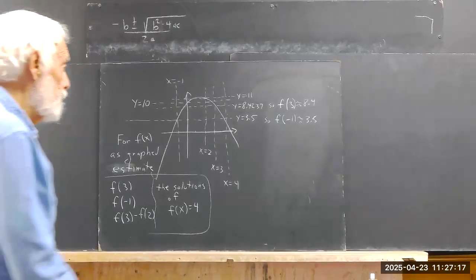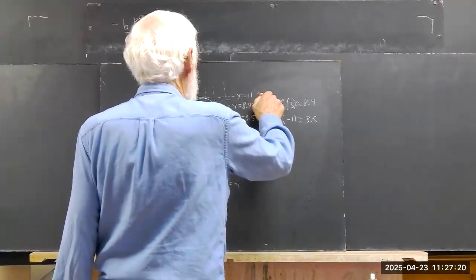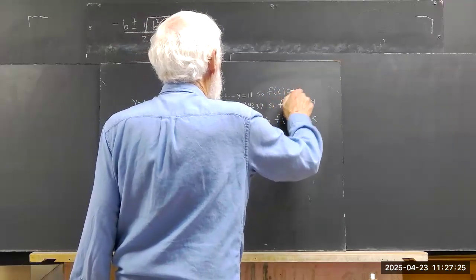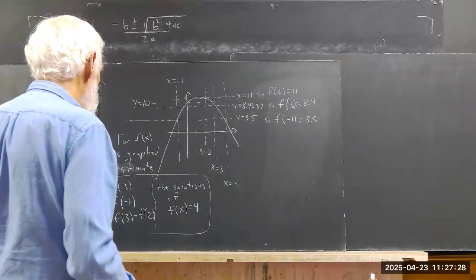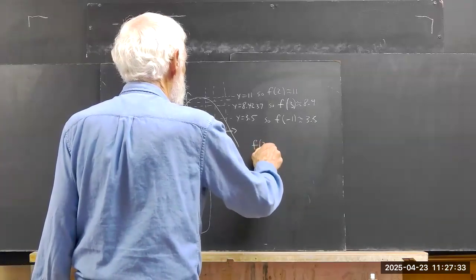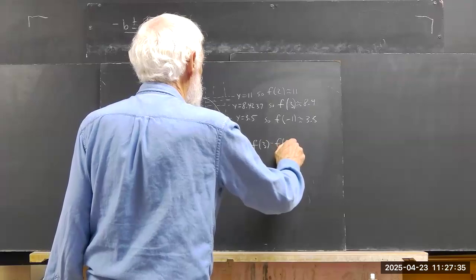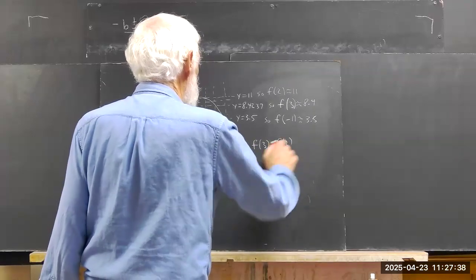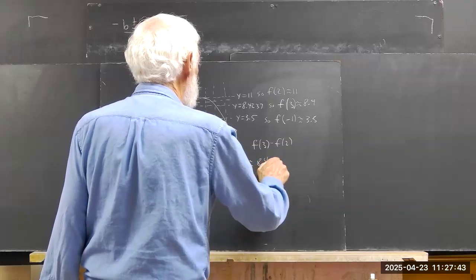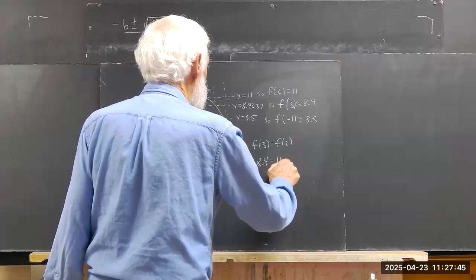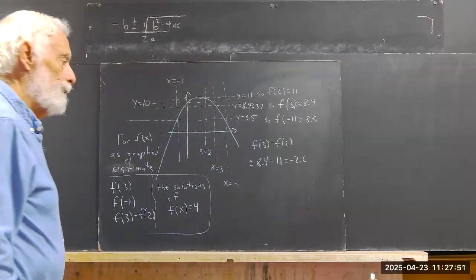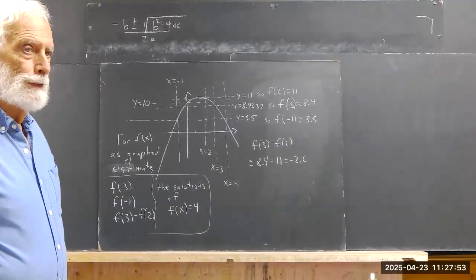And we conclude that f of 3 minus f of 2 is approximately equal to 8.4 minus 11, which is negative 2.6. Fair enough?